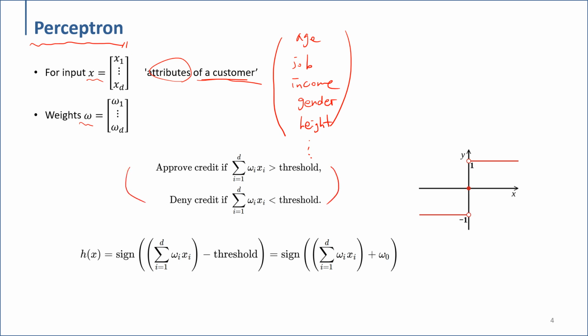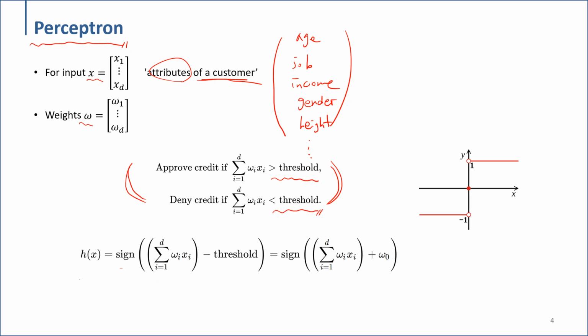So for that, you need to first determine the threshold. In a mathematical way, this problem can be written like this: the weighted summation of the inputs minus the threshold, and determine the sign of this.